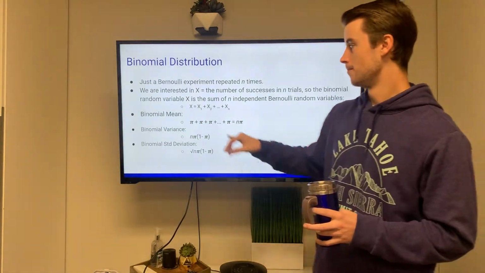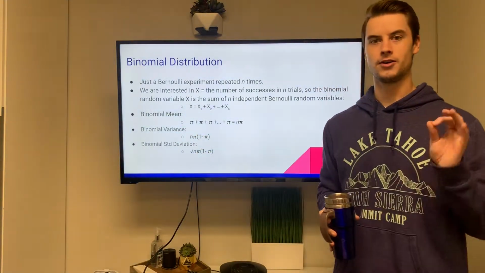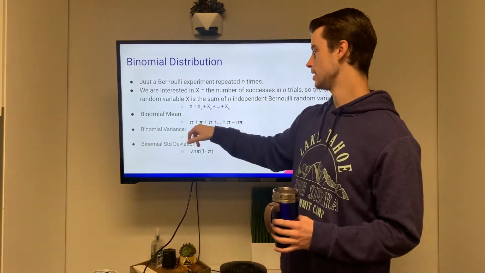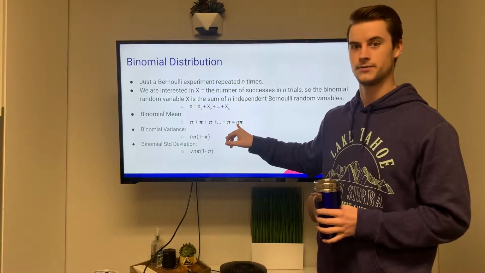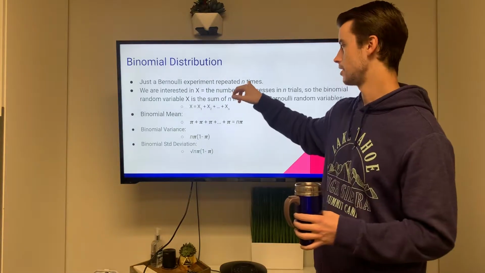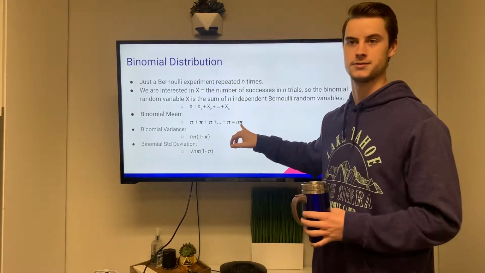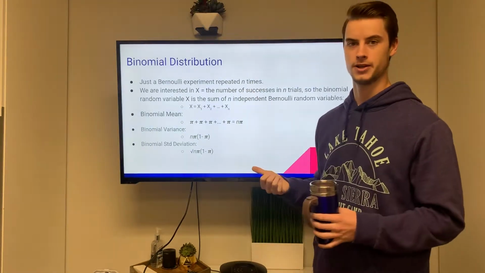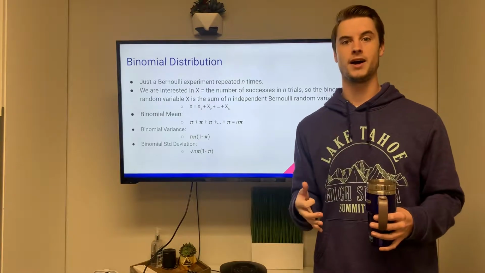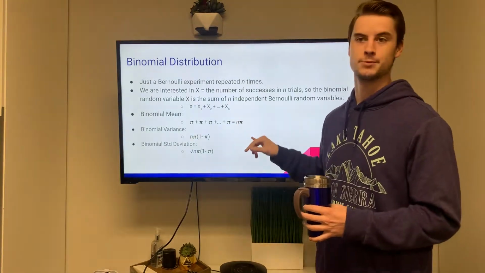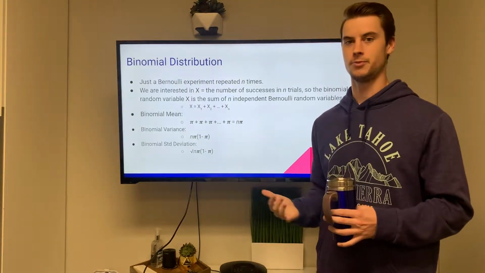Again, binomial mean and binomial variance are super easy. For the binomial mean, you take your number of trials, the number of times you repeated the Bernoulli experiment, and multiply it by the chance of success. So if I did 30 coin flips, my chance of success is 0.5, so 30 times 0.5. That's the mean of a binomial distribution.